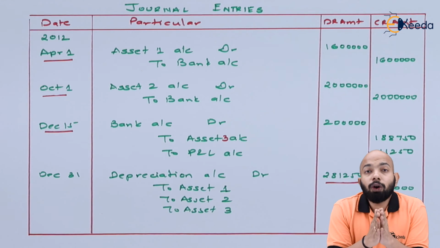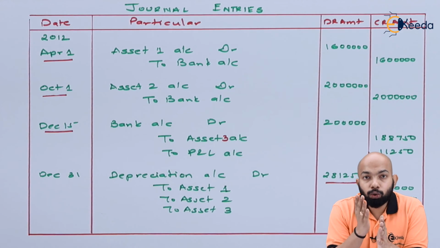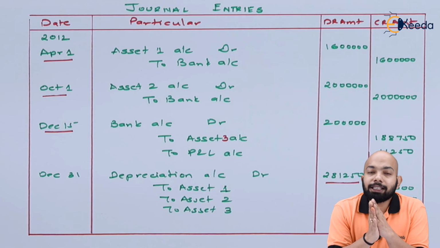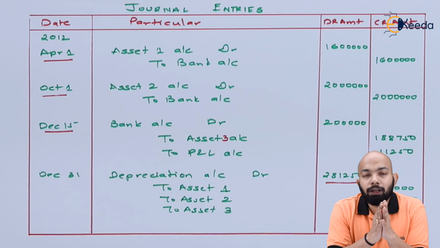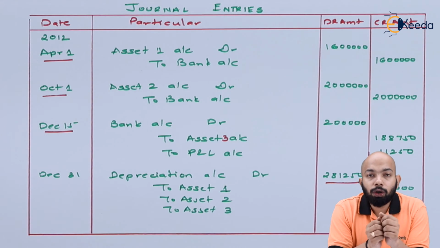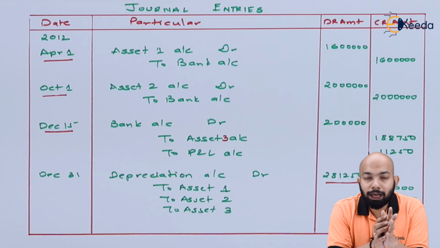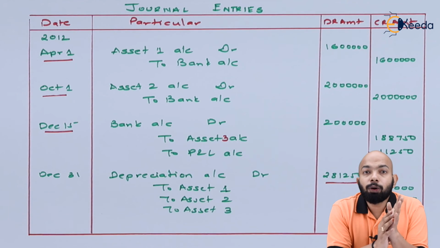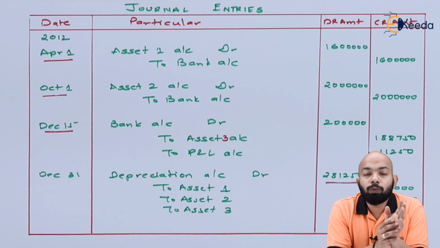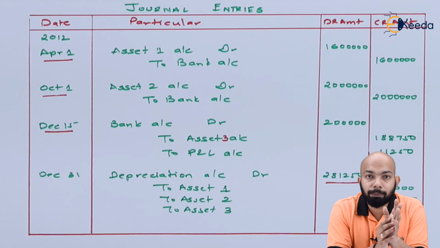Hence when we talk about selling of an asset, two criteria have to be fulfilled. That means the depreciation from the date it has been purchased, and what is the profit or loss on that specific transaction. Now with this sum you get to know the balance of the assets that you have. Asset number 1 has a total of 14,40,000, and asset number 2 has a balance of 19 lakh after clearing out the depreciation.